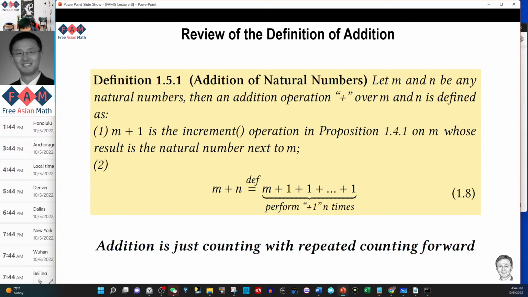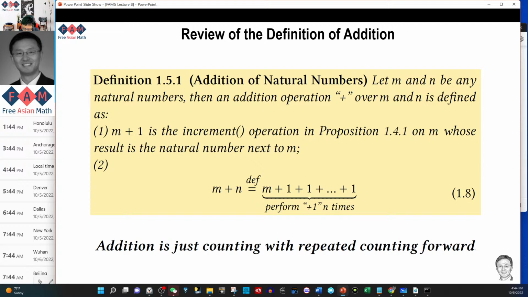We define it as m plus 1 plus 1 plus 1, do this n times, and then we get the definition of m plus n. That's why we say addition is just repeated counting forward. It is very important to recognize that the definition is very straightforward and very intuitive.